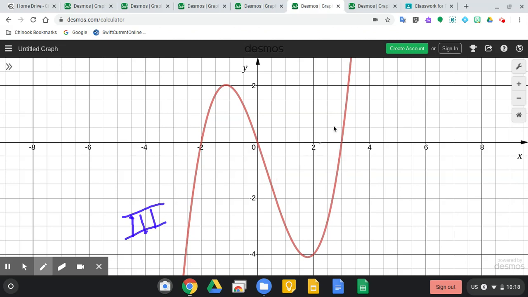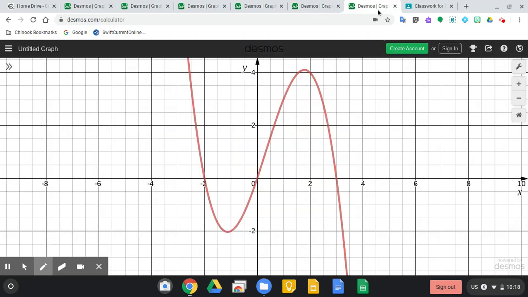And as I move to the right, the last time I see it is over here, which is in quadrant 1. And moving to the last cubic, this particular one started over here in quadrant 2. And the last time we see it is down here in quadrant 4. So that's what we're talking about when we say the end behaviors of a graph.